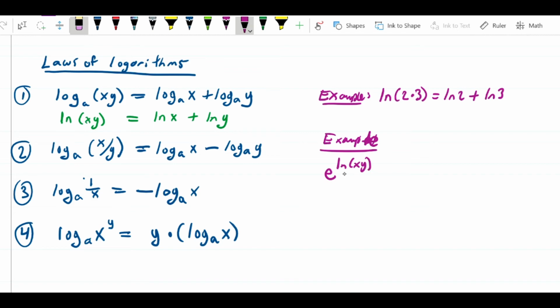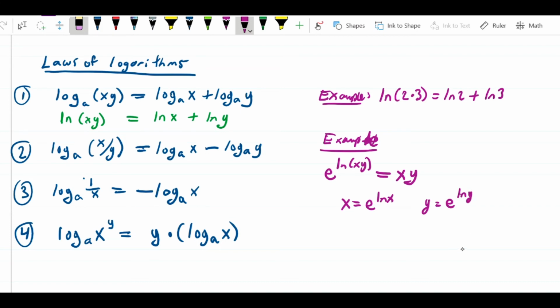We know that e to the log base e of anything is just that thing, so this is going to equal xy. Well, we also know that I can write x is equal to e to the ln x, and y is equal to e to the ln y.